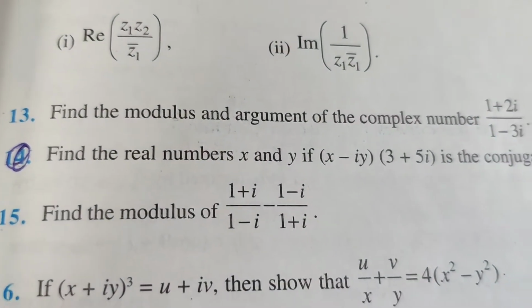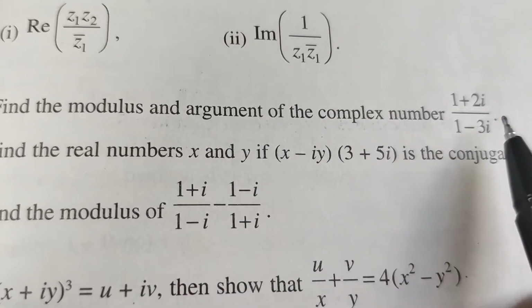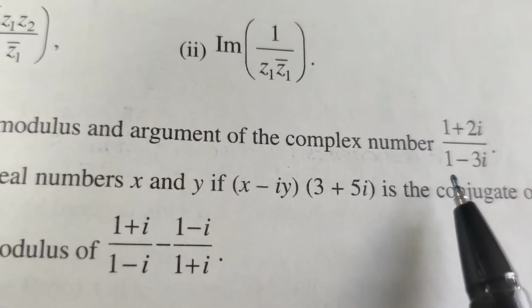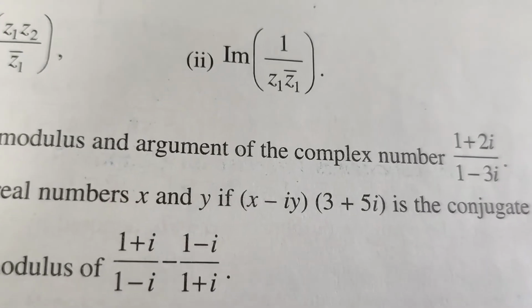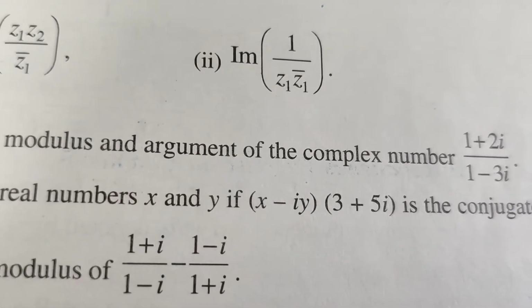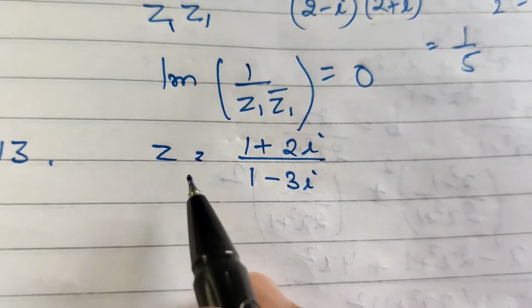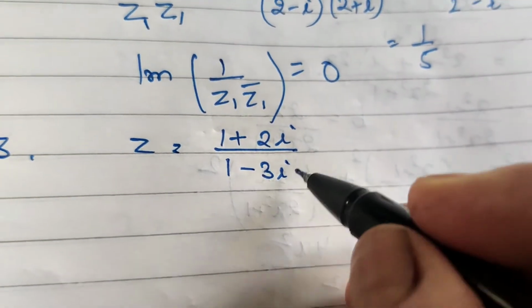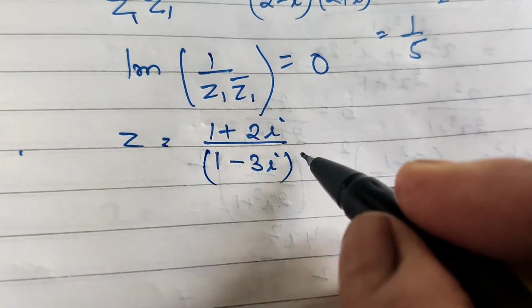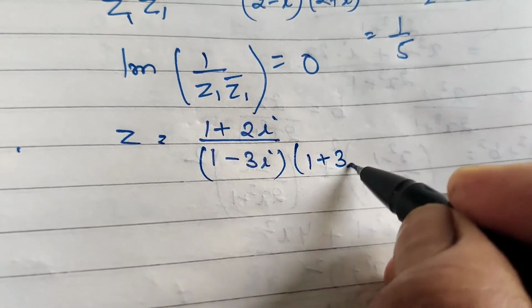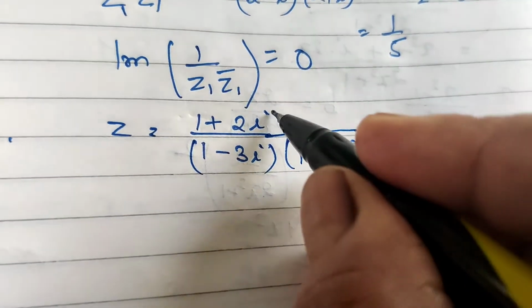Question number 13. Find the modulus and argument of the complex number 1 plus 2i upon 1 minus 3i. Argument and modulus. Suppose this is a complex number. Now solve by multiplying by its conjugate. First we have to find it in standard form.